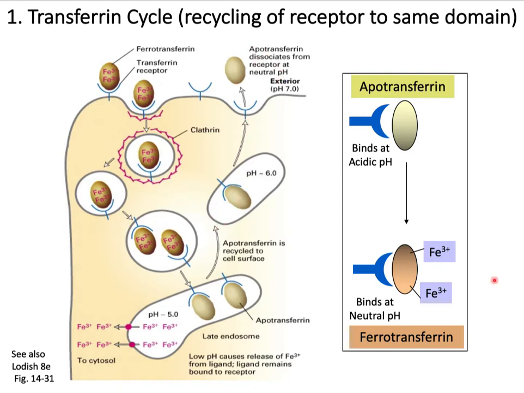Remember, apotransferrin doesn't bind very well to the receptor in the neutral environment, so the apotransferrin is released from its receptor. So then apotransferrin can be recycled, it can pick up more iron, and then enter receptor-mediated endocytosis again.